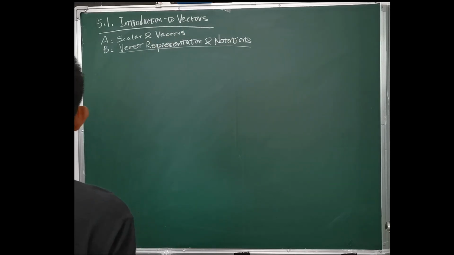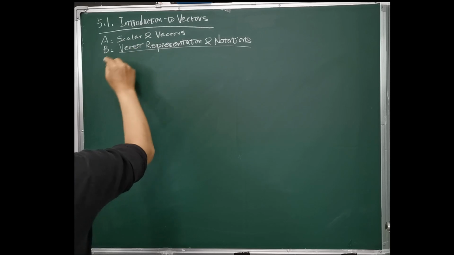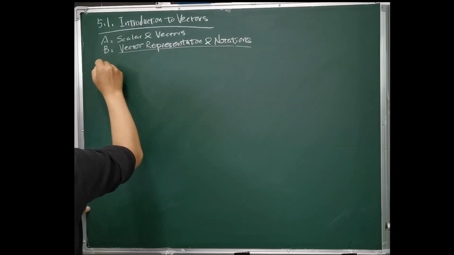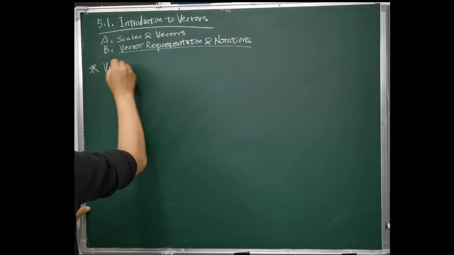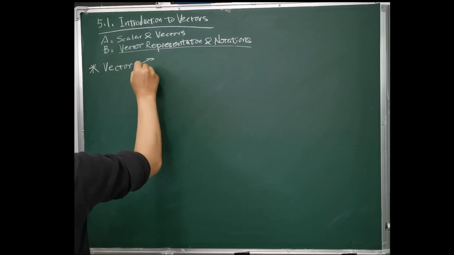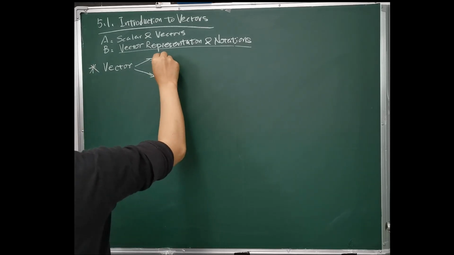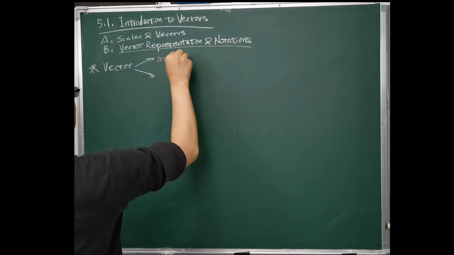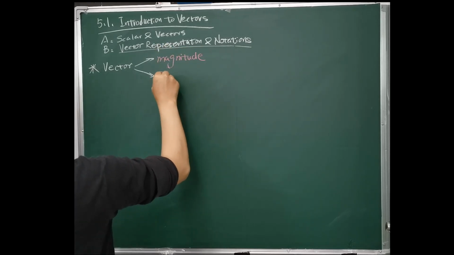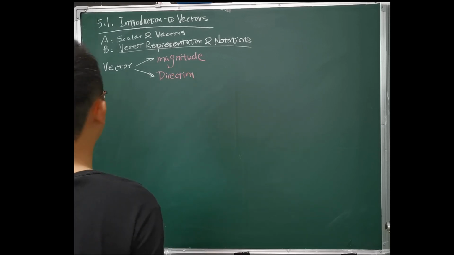Okay, so we know from the previous section that vectors have two attributes. One, we have the magnitude, and then vectors also have the direction, right?